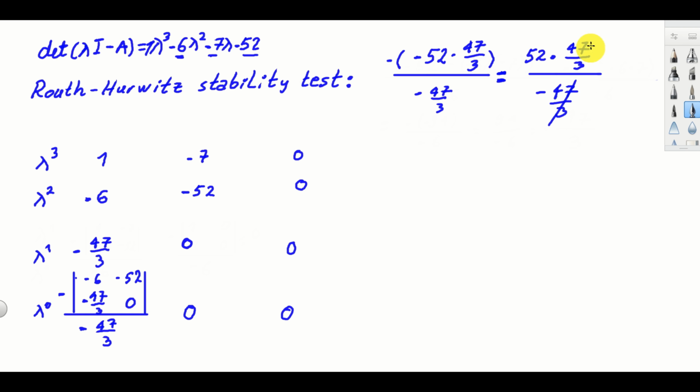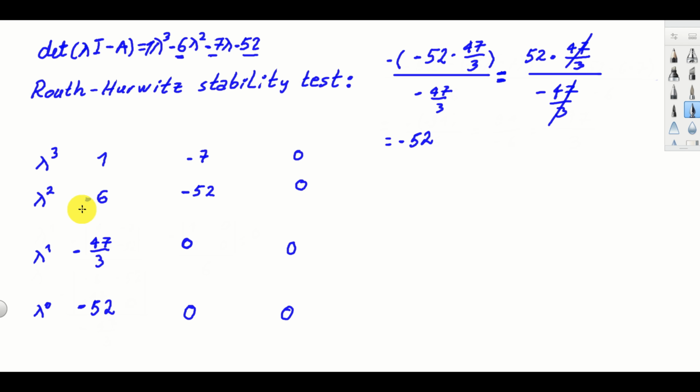I can cancel 47 over 3 with this 47 over 3, so we are left with minus 52. Next, I will erase this formula over here, and then I will simply enter the final value. The final value is minus 52.